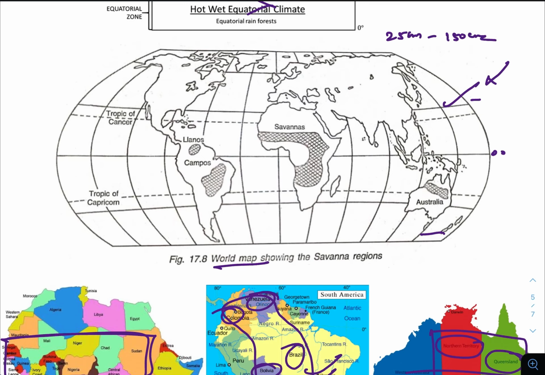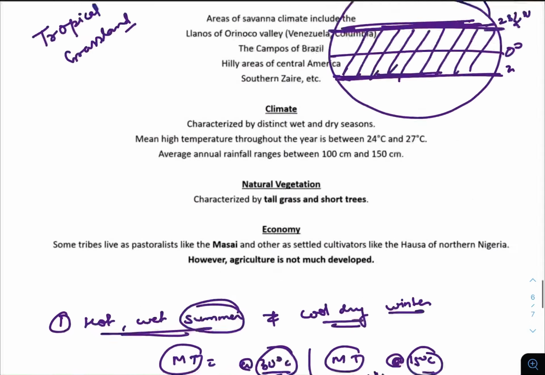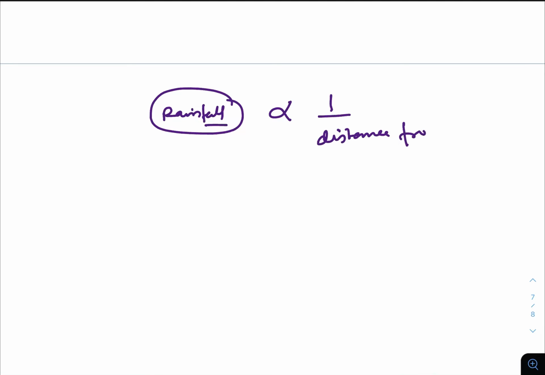Now one more thing you have to remember: the amount of rainfall here is inversely proportional to the distance from the equator.